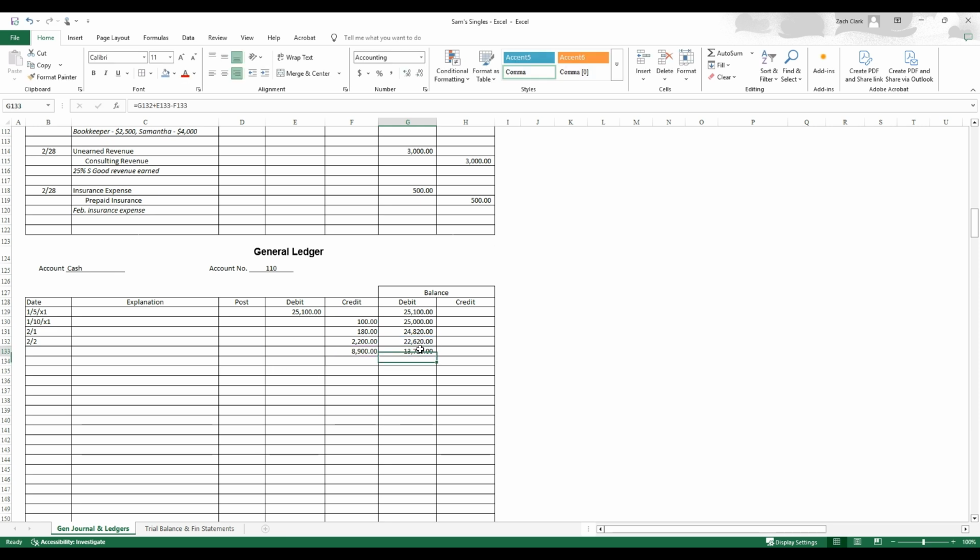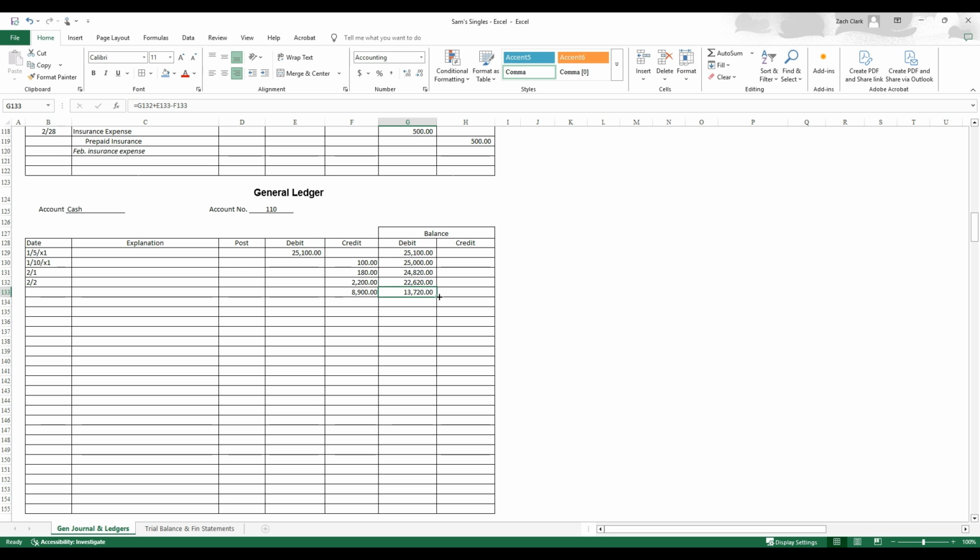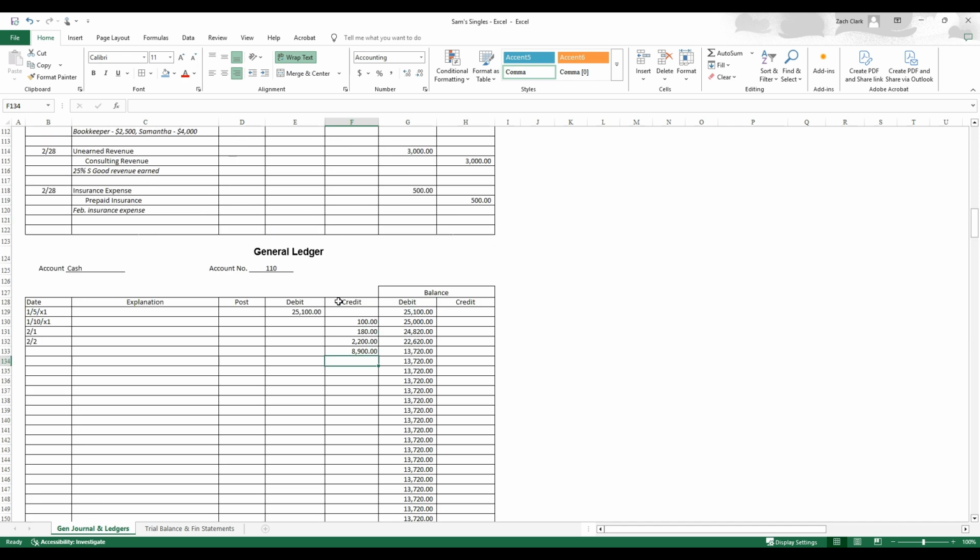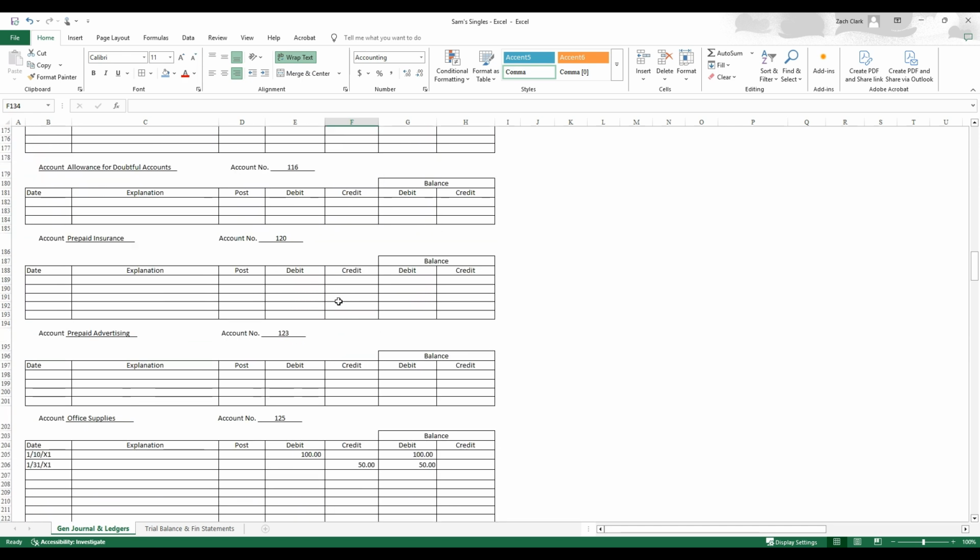Since we have so many transactions in cash, let's just create a formula, and then we can just drag that down. That's basically going to give us a current balance anytime we put either a debit or credit in the transaction spot.